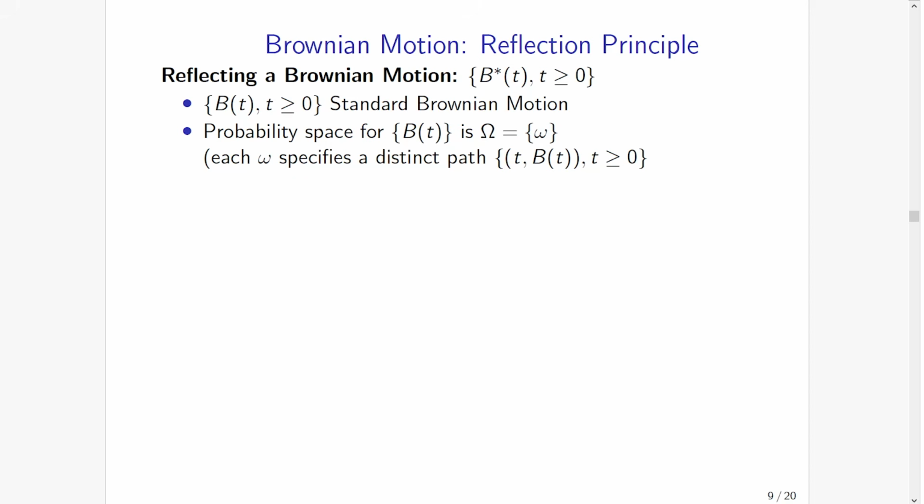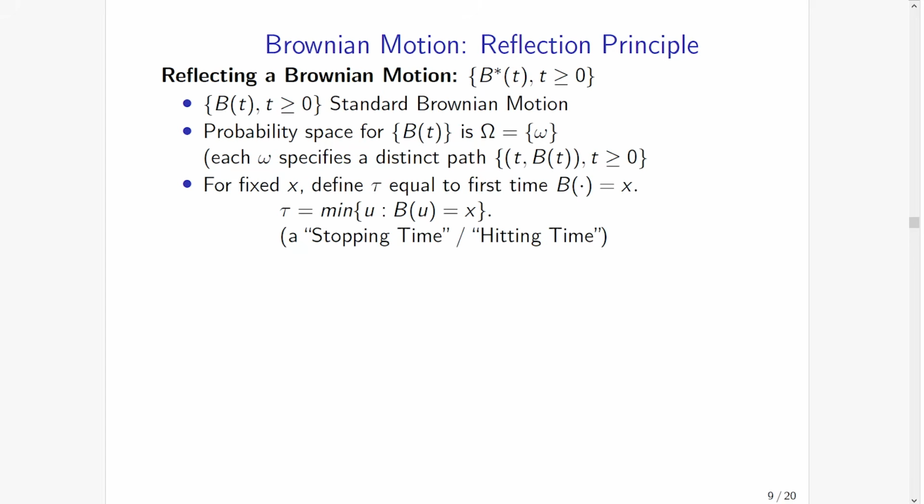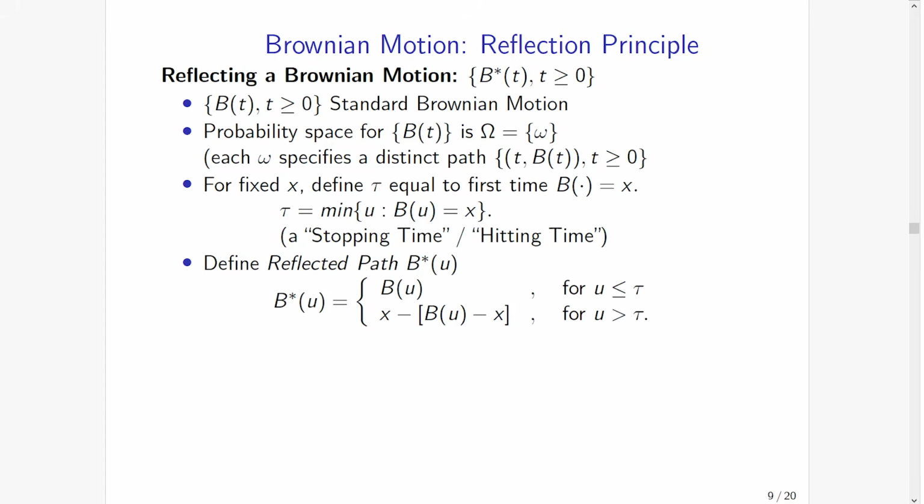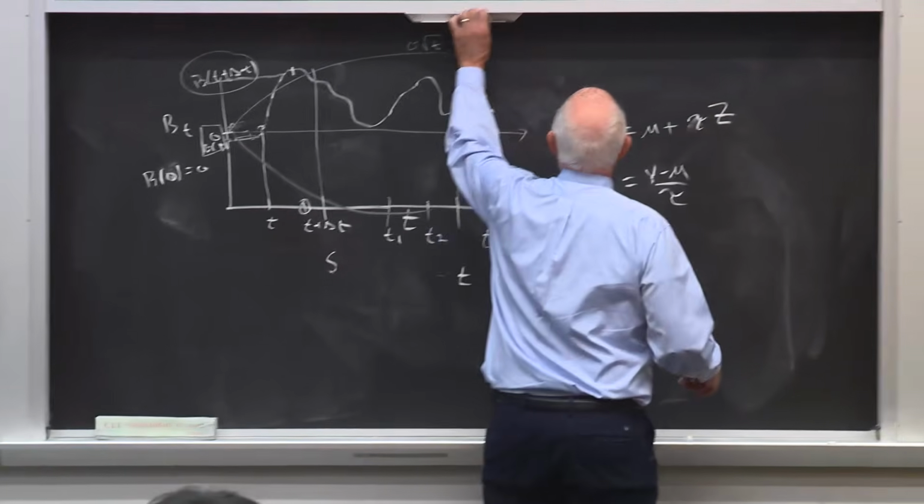So let's just understand what it means to be reflecting Brownian motion first. We consider Brownian motion to be the process B of t.